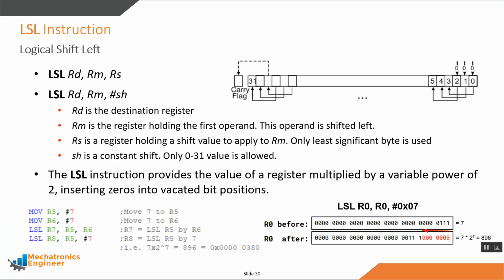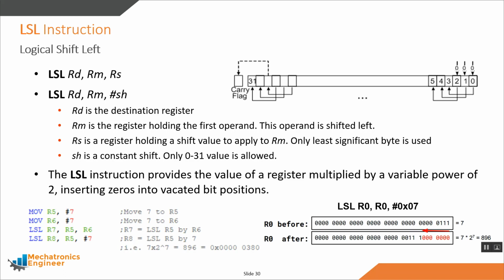Logical shift left instruction is the opposite of logical shift right instruction, because in this instruction the bits are shifted towards the left instead of right, and zeros are inserted into the vacated bit positions. The logical shift left instruction provides the value of a register multiplied by a variable power of 2.